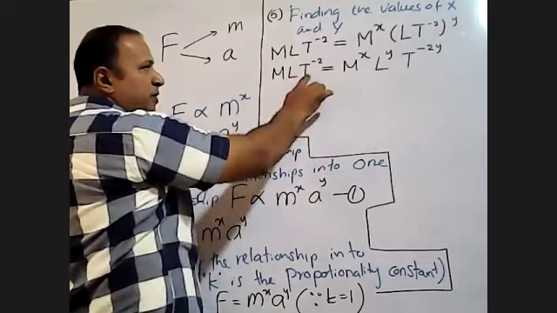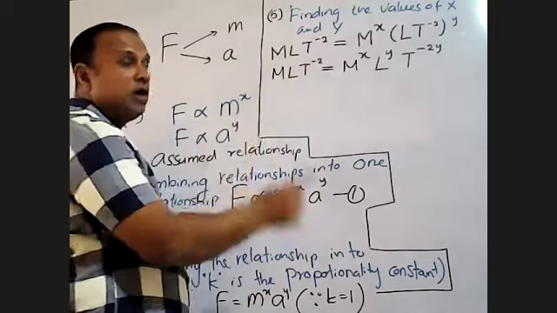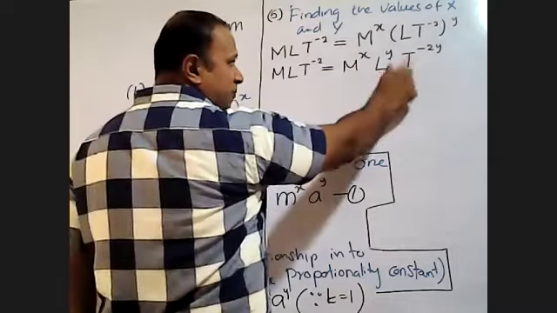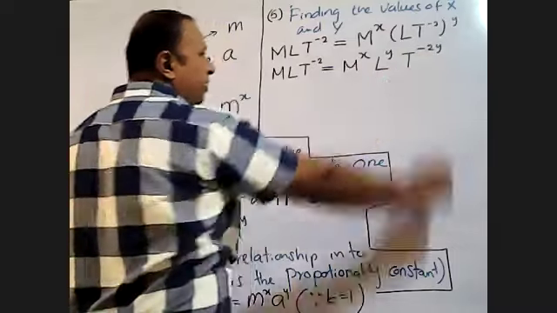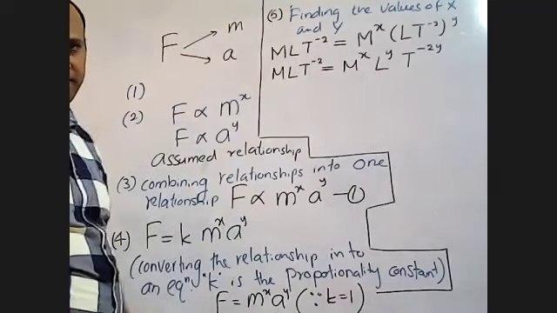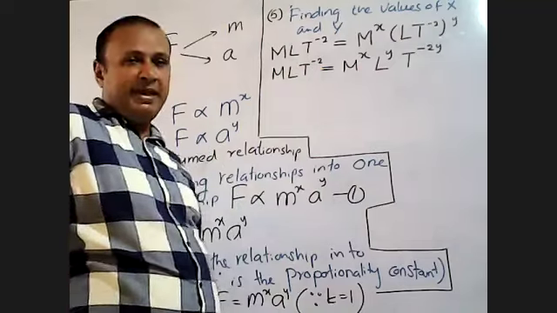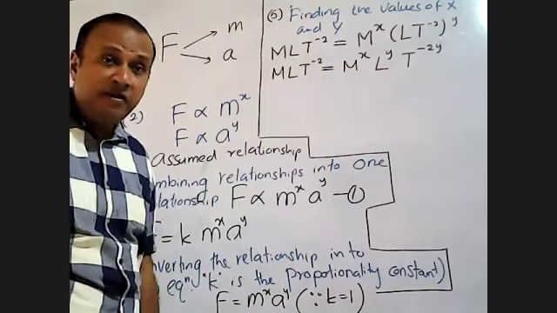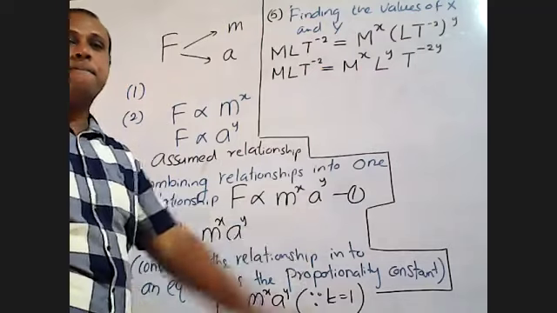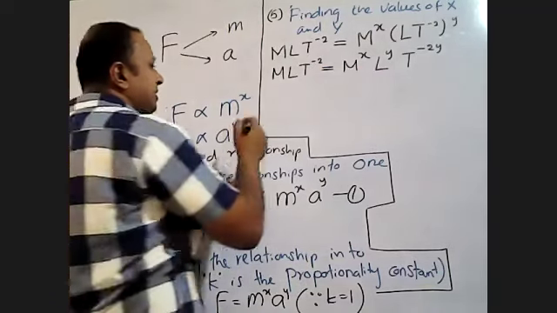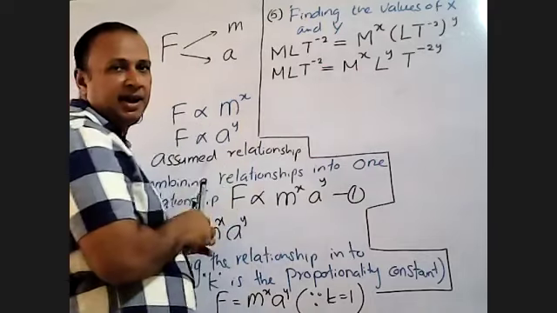In the LHS, the power of T is minus 2. So if it is an equation, the power of T definitely should be equal to minus 2. And therefore, the sixth step is equating powers of the same base. That is the sixth and last step.